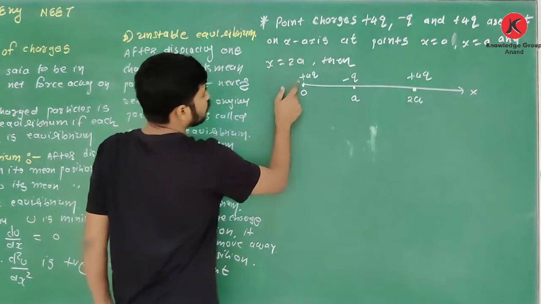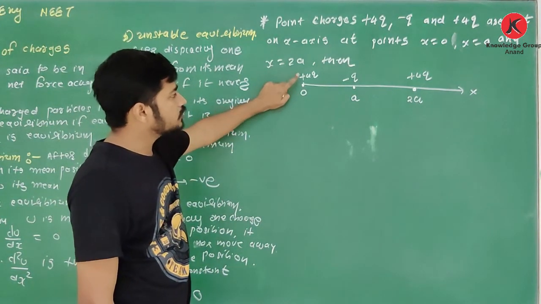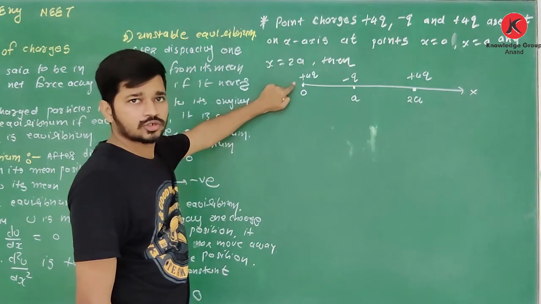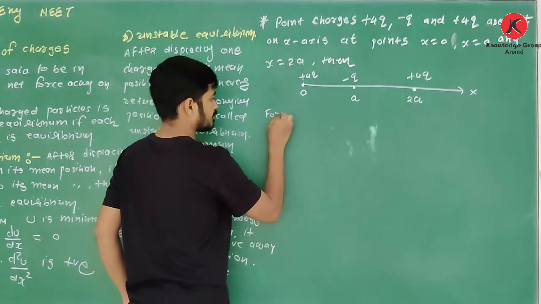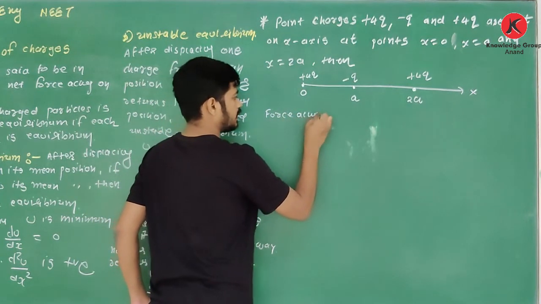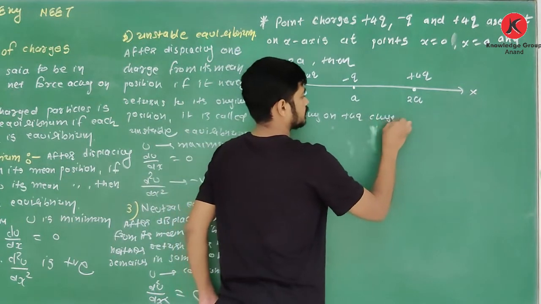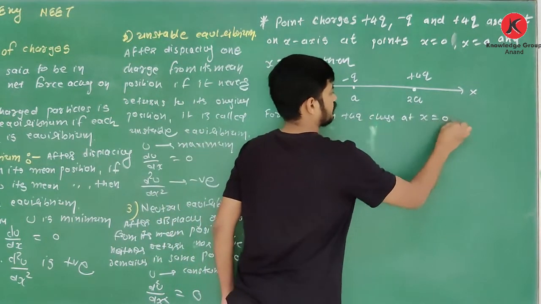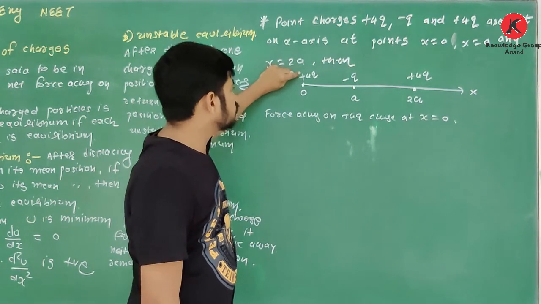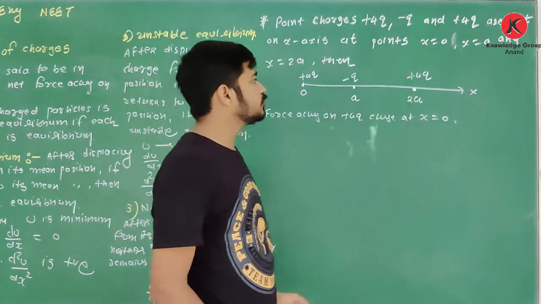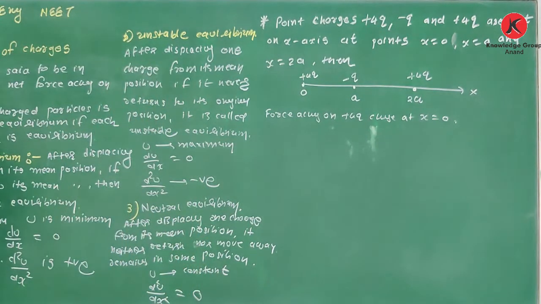First of all, force acting on the plus 4q charge at x equal to 0. The most simple question. Force acting on this plus 4q charge is due to the minus q charge and due to the plus 4q charge. Yes or no? Yes. How to find these forces?